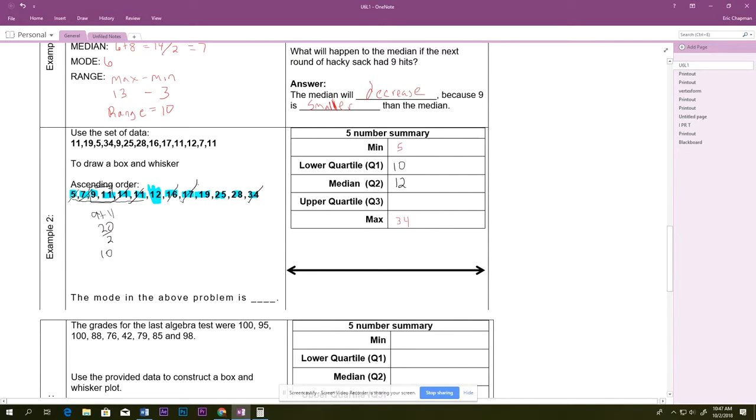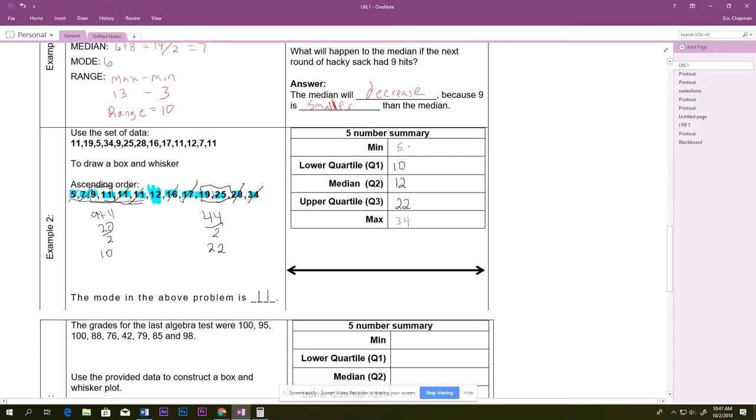Cross them off until we get there. 19 and 25, so that is 44 if we add those 2 together. And then divide by 2, and we get 22. That is our quartile 3. Now, the mode in our problem, which one appears the most? Just by looking at it, 11 is our mode.